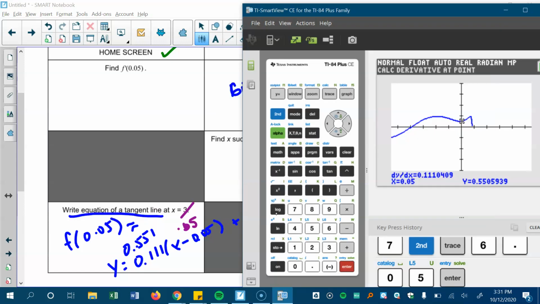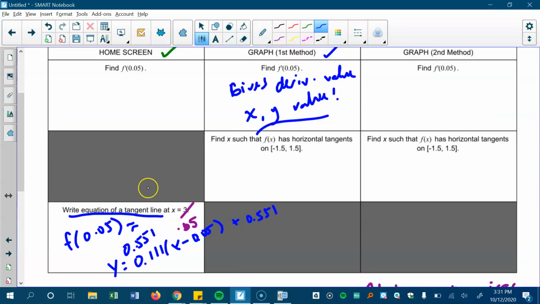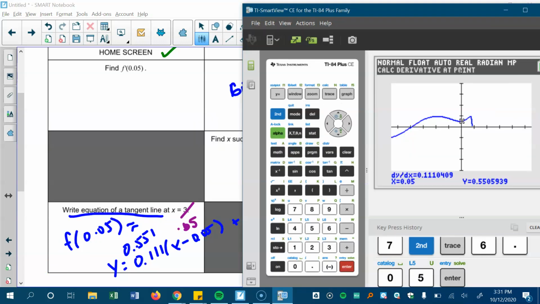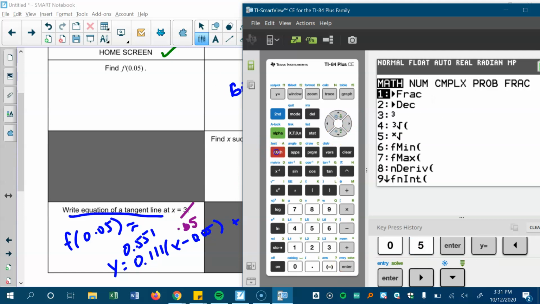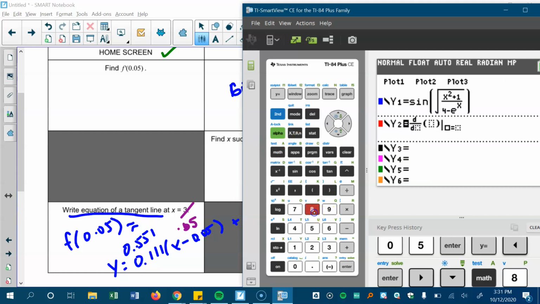A second way that you could get the derivative here, and then I'll go back to this one in just a minute, to get a graph of this using a second method, we can actually graph the derivative if we wanted to. The way you would do that is you would deselect y1. You're keeping it there, but you're deselecting it. The way you deselect is go to the equal sign and push enter. Go to y2, do math 8 for nDeriv, type in d/dx.